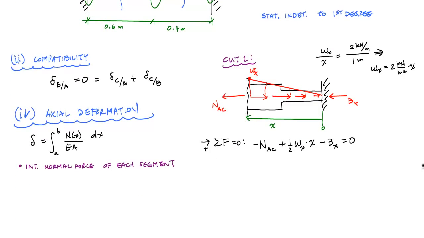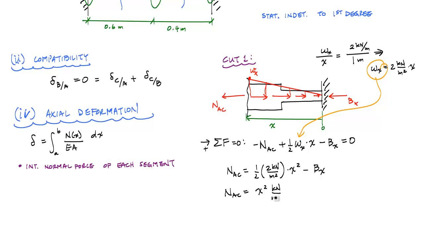And that would tell me, now I'm going to take this Wx and substitute it into here, and so now I'll have 1/2 times 2 kilonewtons per meter squared times x squared minus Bx, and that is just x squared kilonewton per meter squared minus Bx.